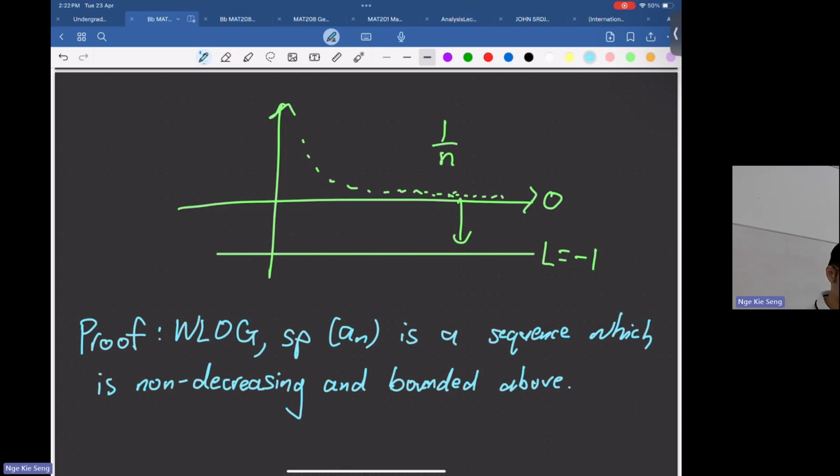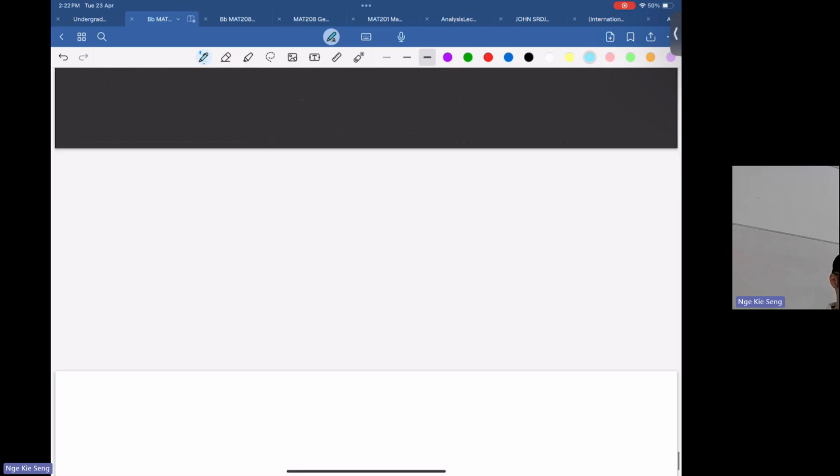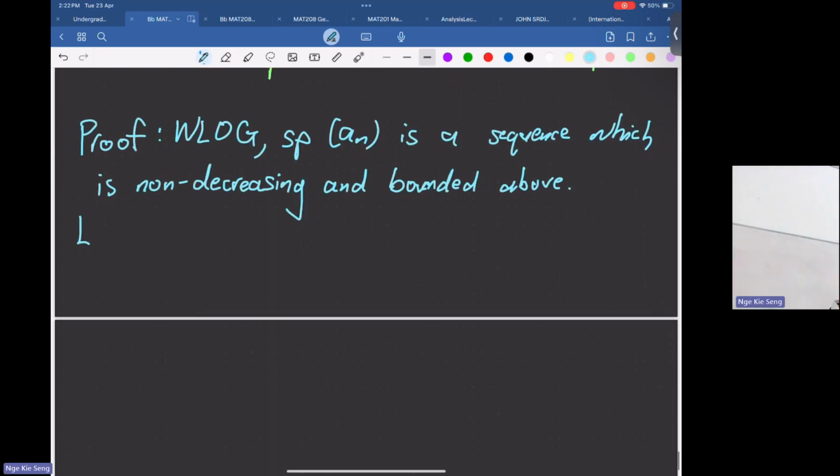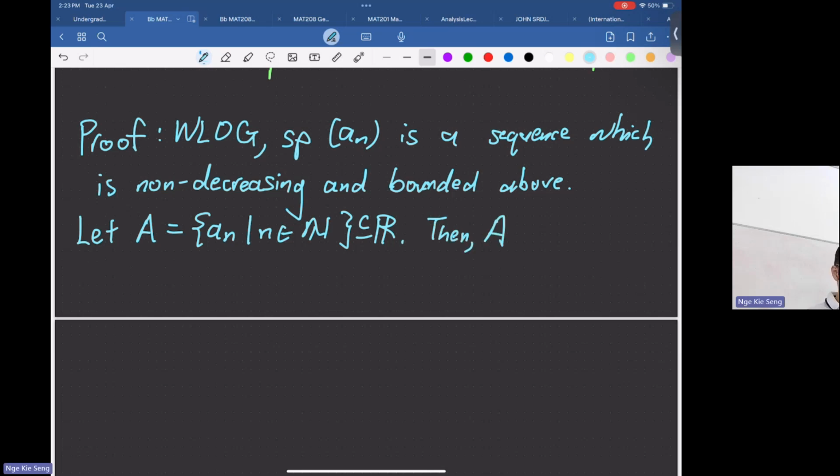So let's see what we do with this bounded above property here. Like what Larry said, we just consider the set of a_n. We don't see it as a sequence now, we see just a bunch of numbers. What property does this bunch of numbers have? It is bounded above, meaning there is a capital M that is greater than or equal to all the terms.